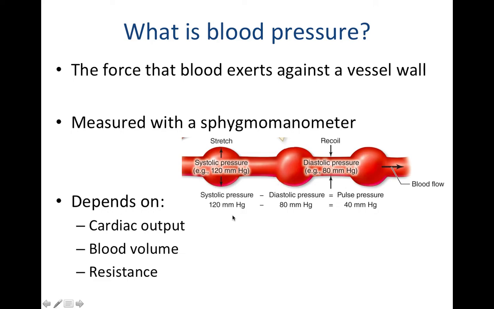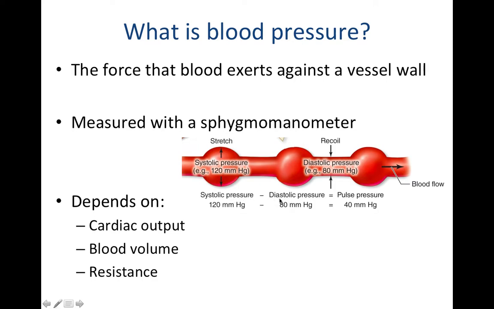And so you've probably heard about the 160 over 80 measurements, or 120 over 80 measurements. Systolic pressure is the first number that's listed, and then the bottom number is the diastolic pressure that's measured.